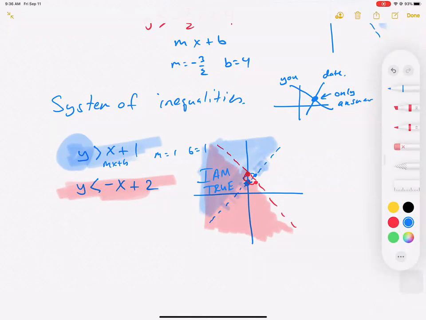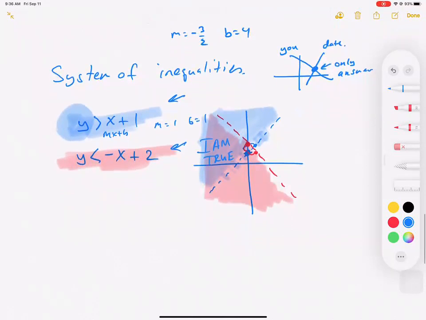If you pick any point here, it would be true for the top equation and the bottom equation. Any other point would be false for one of them. This is common ground. This is where we can all agree.